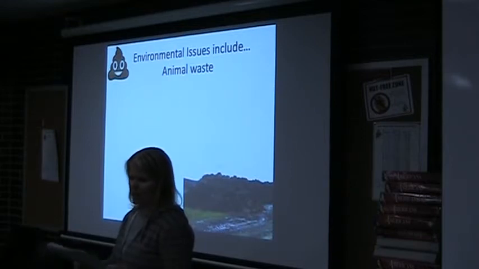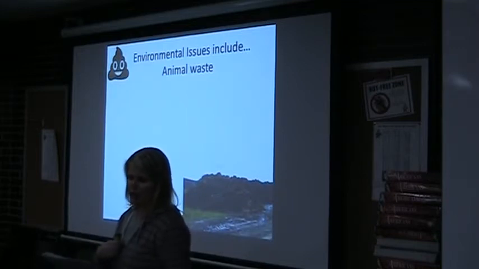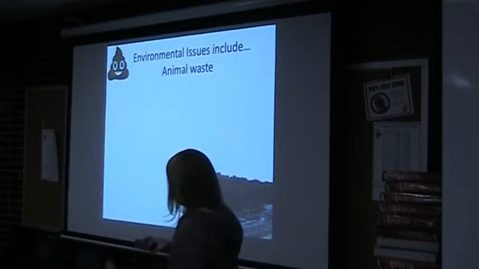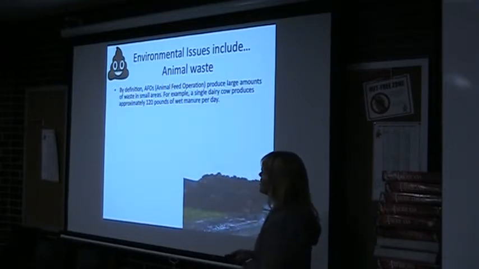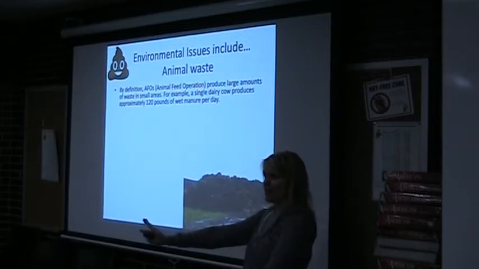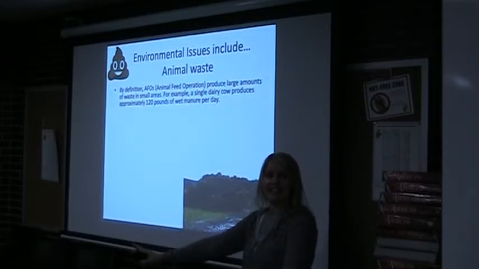Overgrazing, we've talked about, and how that can lead to desertification is something you should know. The overuse of water. So that leads us here to animal waste. This is one thing that you may not have thought about, but when you have an animal feed operation, so this is not grazing of animals. This is a feedlot.